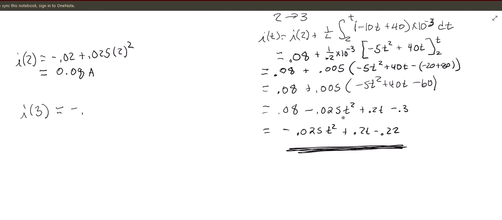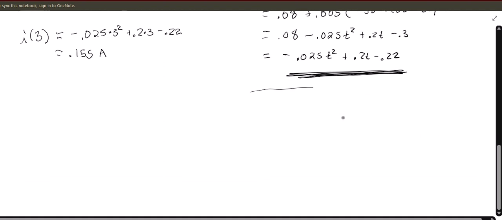So this is minus 0.025 times 3 squared plus 0.2 times 3 minus 0.22. Which looks like 0.155 amps.